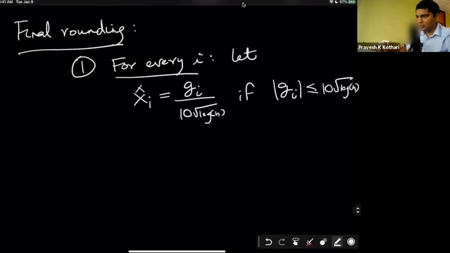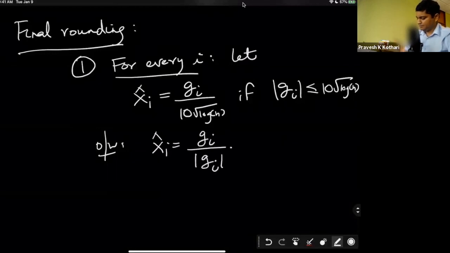There's some very tiny probability that G_i actually has a large magnitude. In that case, we'll just set it to a fixed sign. Okay, sounds legit. At least this time I get a vector in the solid hypercube with probability 1.